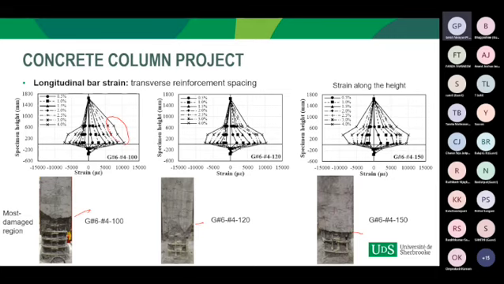The strain in the longitudinal GFRP bars was spreading upwards. We can say my most damaged section is here, but it's spreading upwards. That's why it's continuously deteriorating the concrete cover above this point.